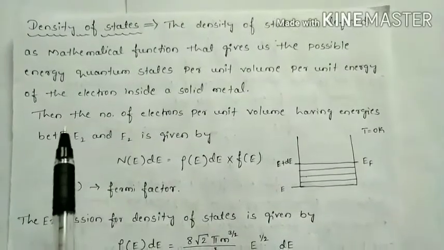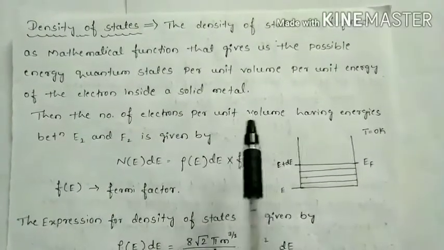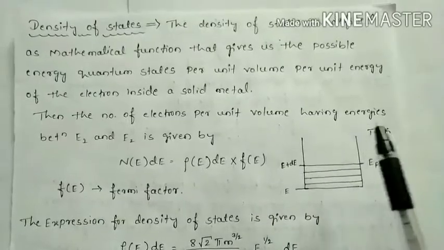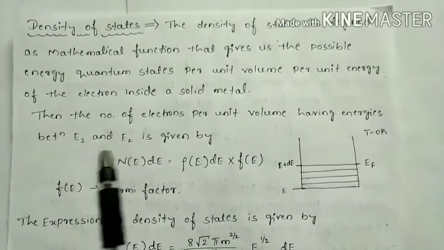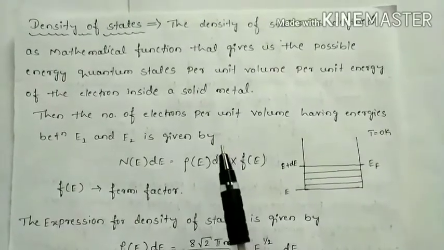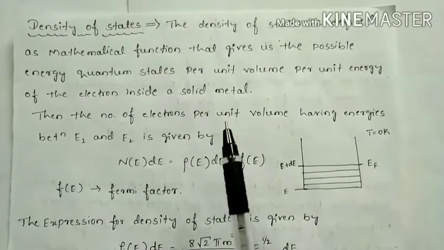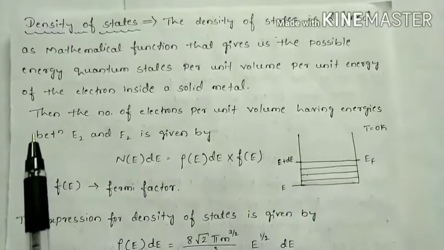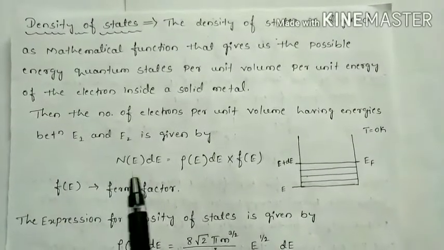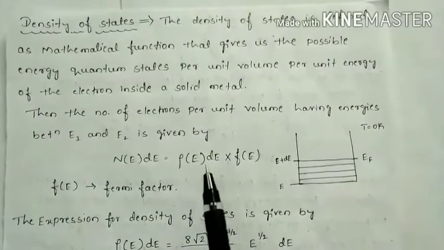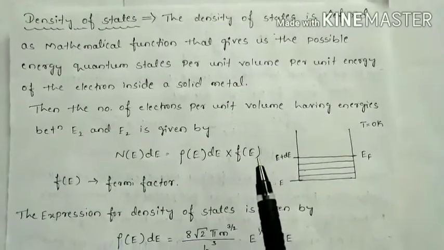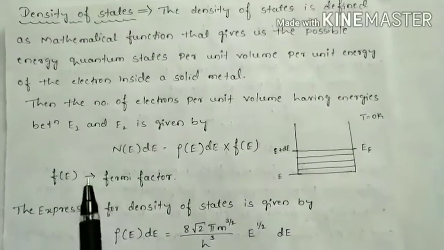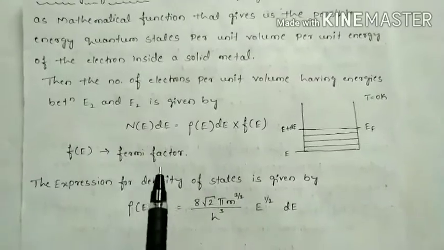So here the number of electrons per unit volume having energies between E1 and E2 is given by N of E dE is equals to rho of E dE into F of E, where F of E we have already discussed as Fermi factor.